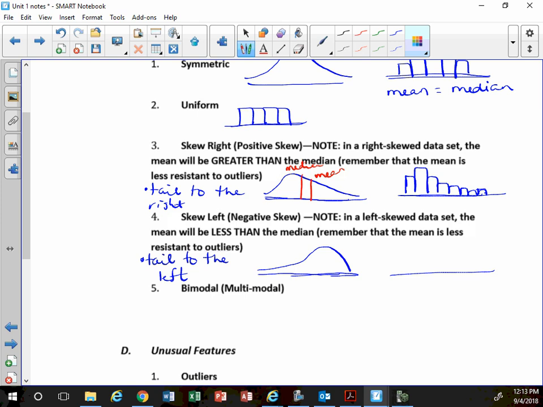We'll do it with a dot plot this time. Histogram better. I'm getting rid of the dot plot.